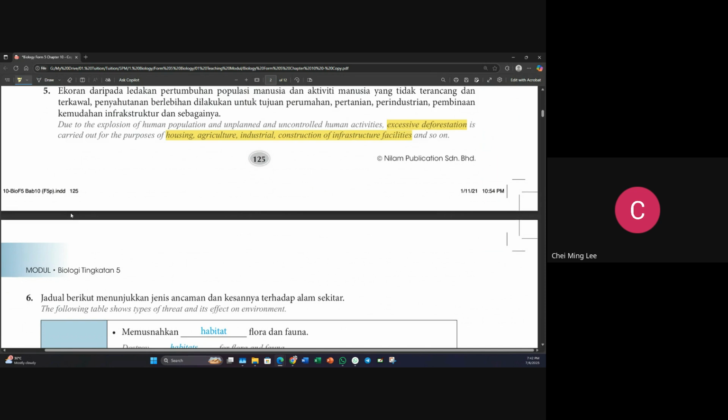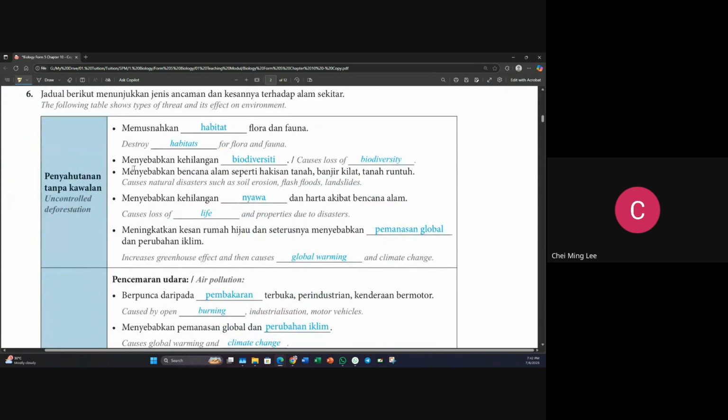Okay. Now, this table shows uncontrolled deforestation. They will destroy the habitats for flora and fauna and cause the loss of biodiversity, because more flora and fauna will be gone. And they will cause natural disasters as well, like soil erosion, flash floods, and landslides.